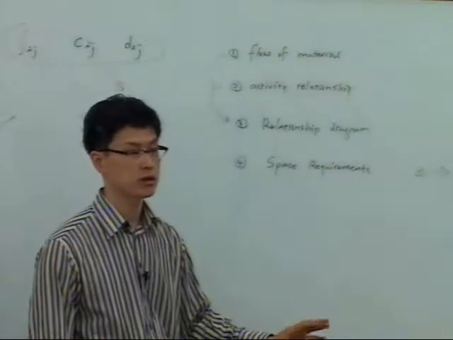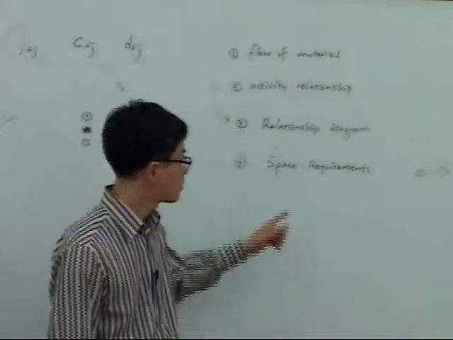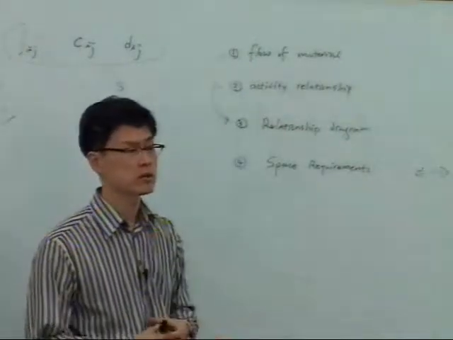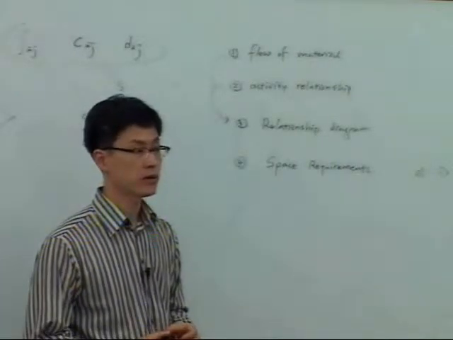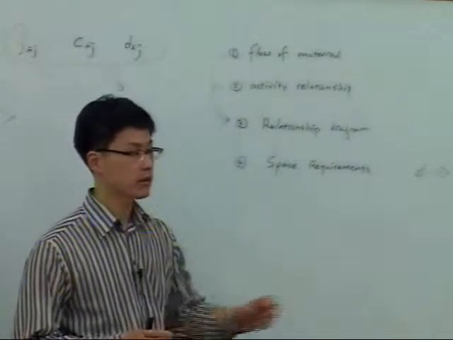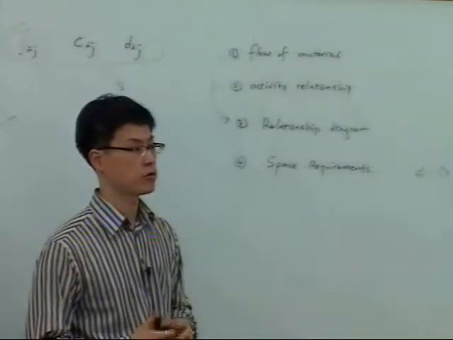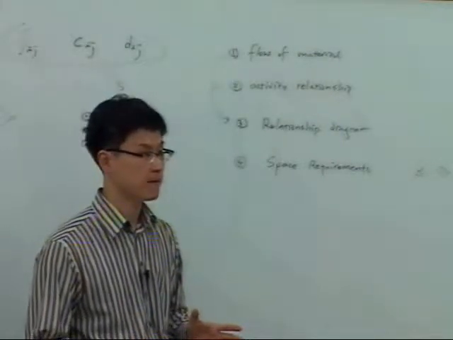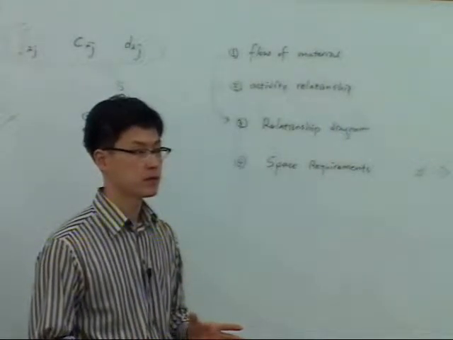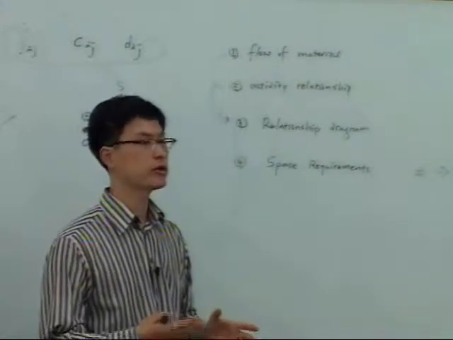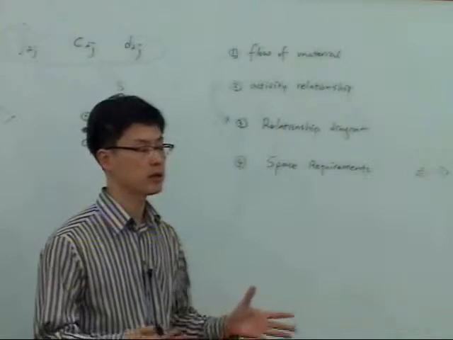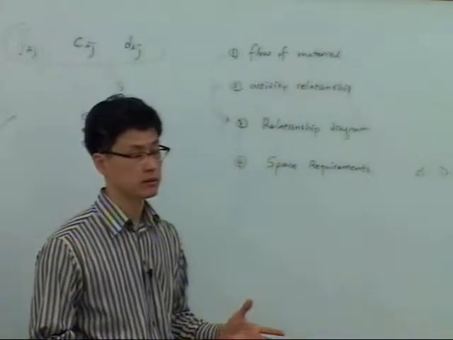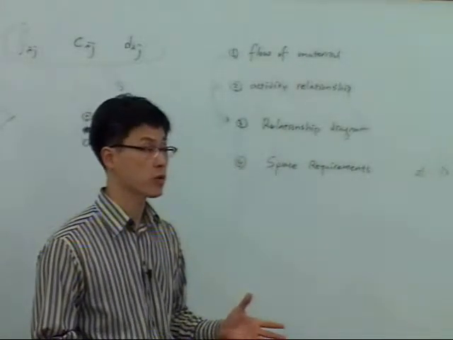That is normally not the case. You have to think of some kind of common spaces. You have to think of the main access road, which will consume the space, right? So your really available space for the departments may be 900 square meters or so.